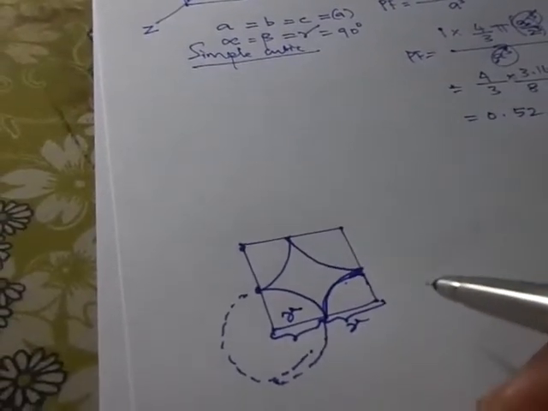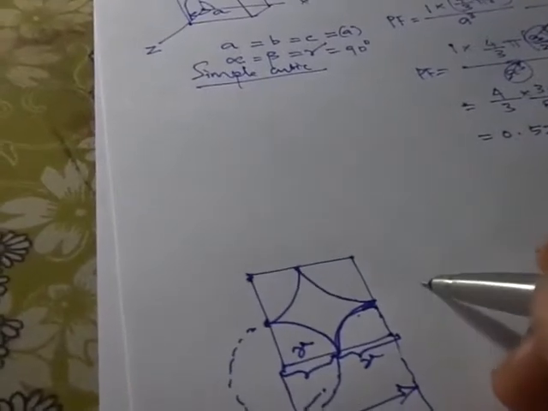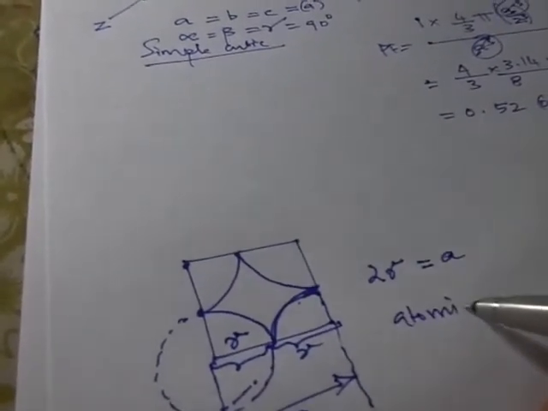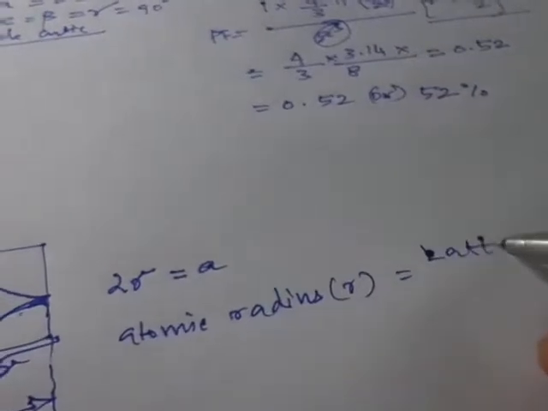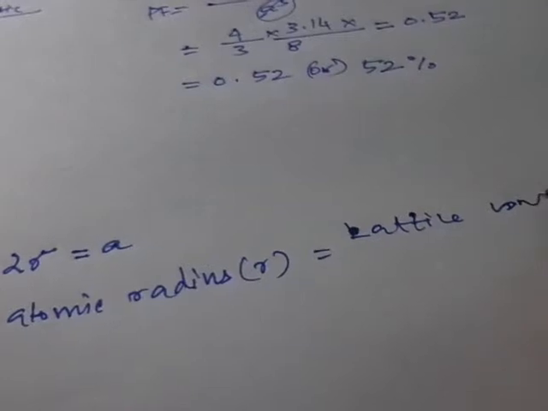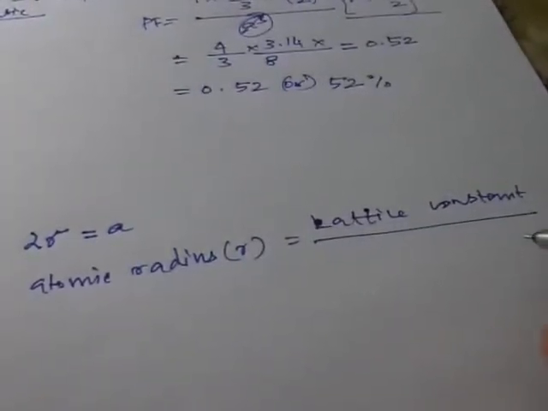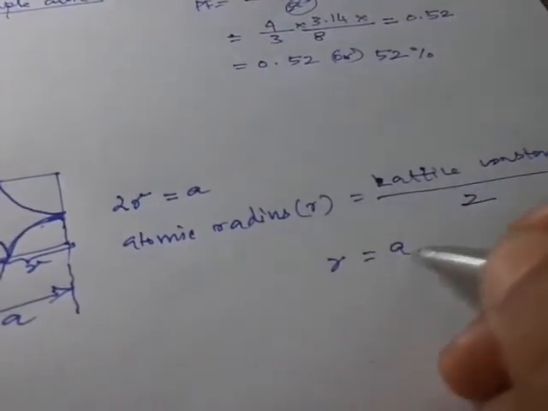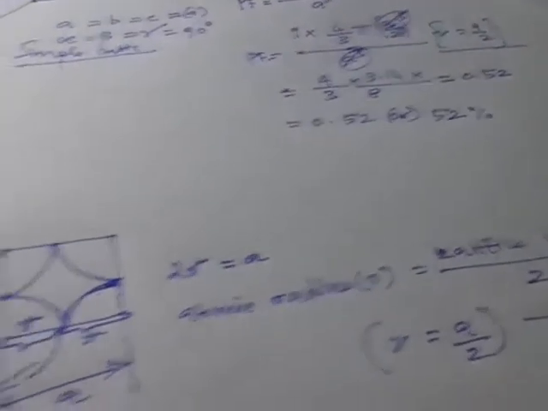Another atomic radius is R, and the entire length from here to here is the lattice constant A. So what I can mark is 2R, 2 times radius, is lattice constant A. So atomic radius R is equal to lattice constant divided by two. R is equal to A divided by 2.